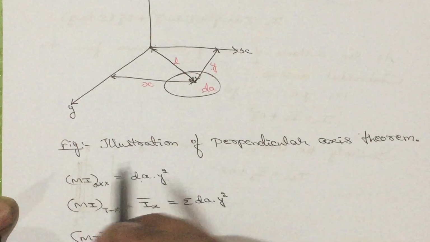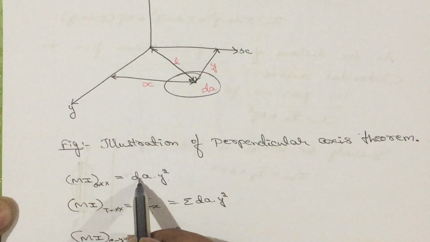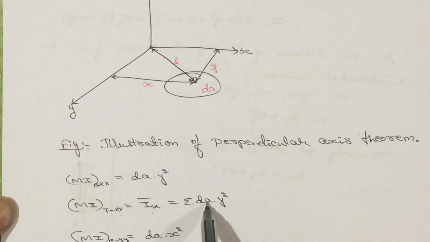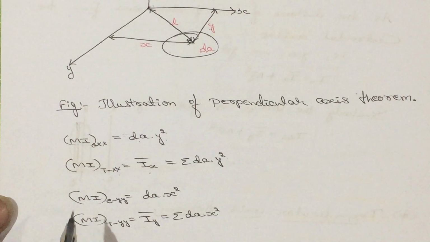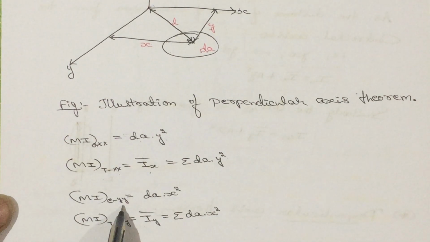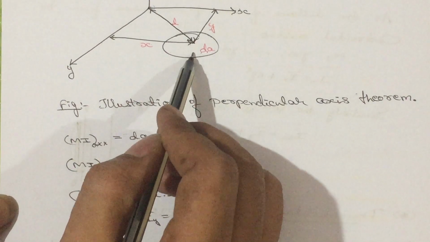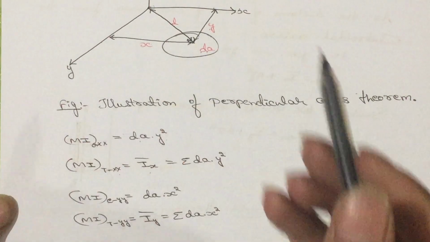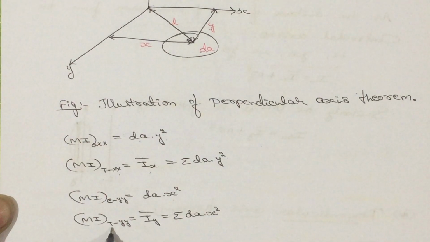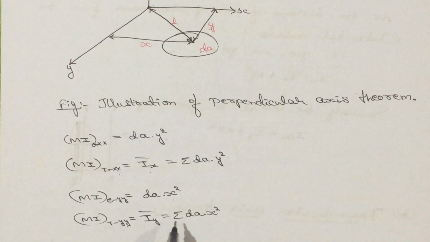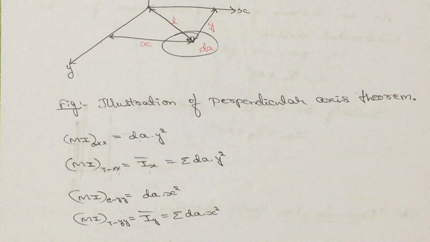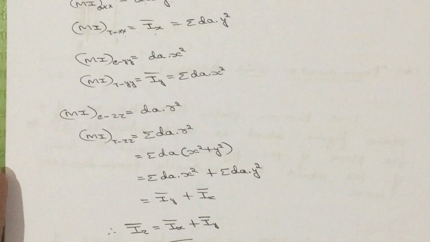For the entire area we need to add the sum of the elements, so the sum of dA into y square. Like that, the moment of inertia of the element about the y axis is given by dA multiplied by x square. So the moment of inertia of the total area about the y axis is given by Iy bar, that is summation of dA into x square.